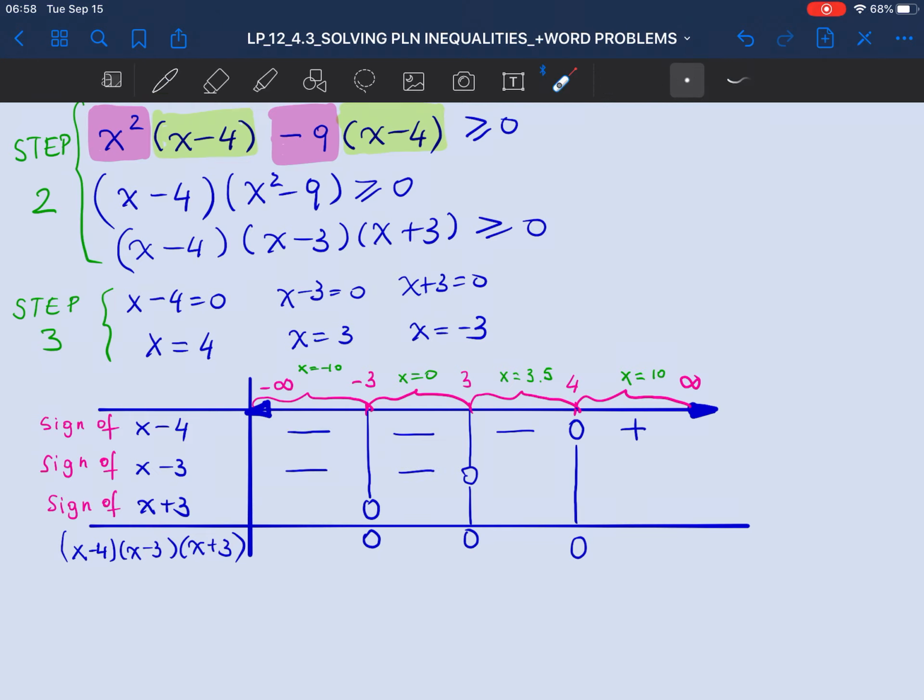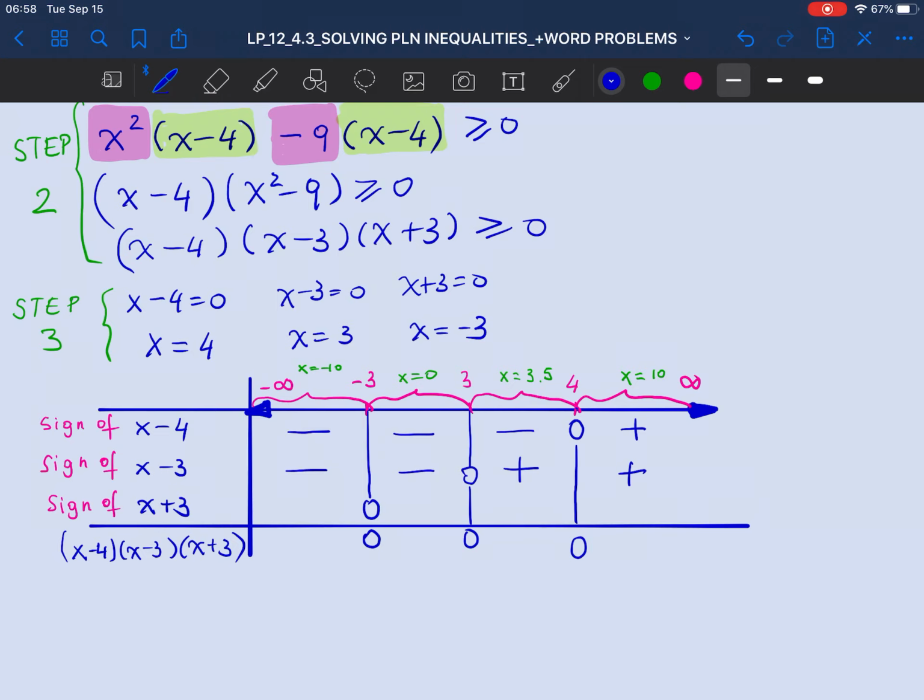For x values between 3 and 4, we take a testing value of 3.5. 3.5 minus 3, positive 0.5. And between 4 and infinity, we choose a testing value of 10. 10 minus 3 is 7, so that's positive.